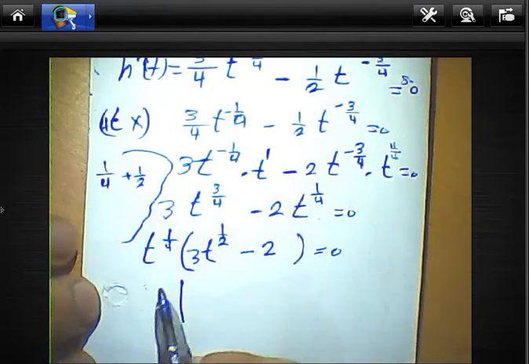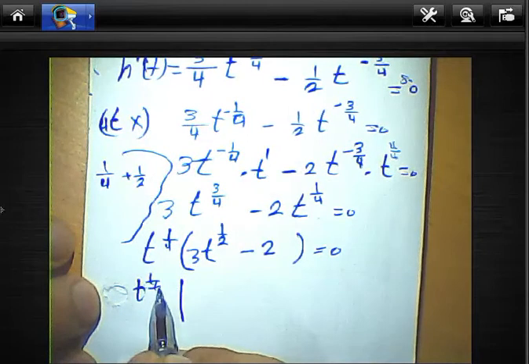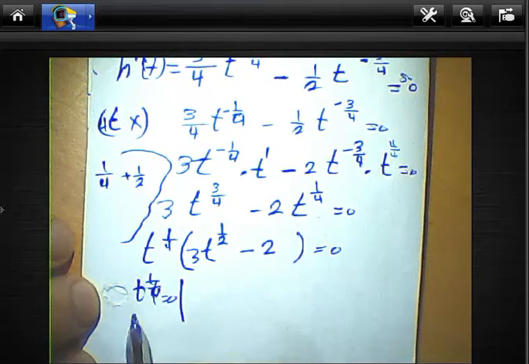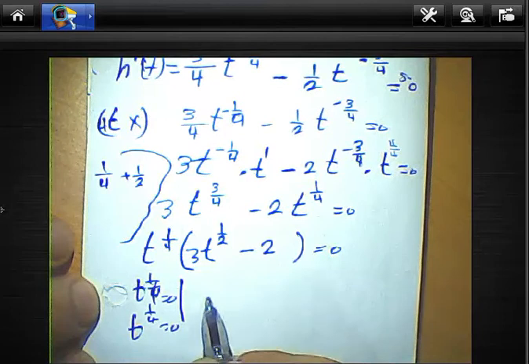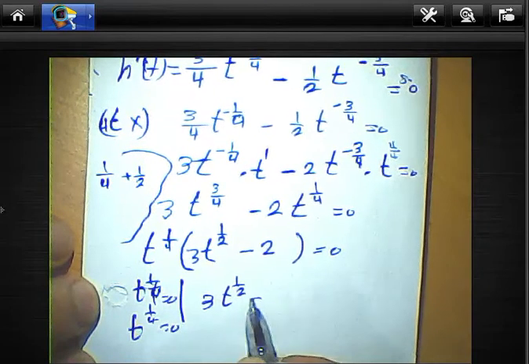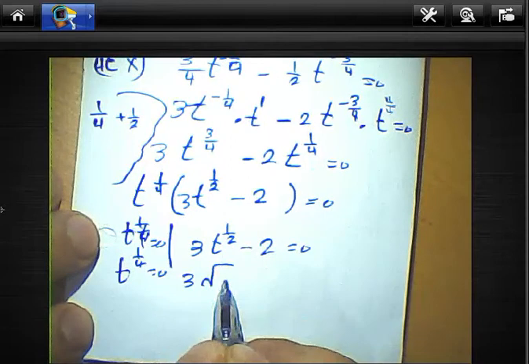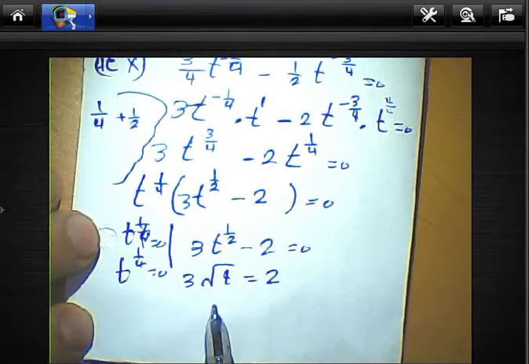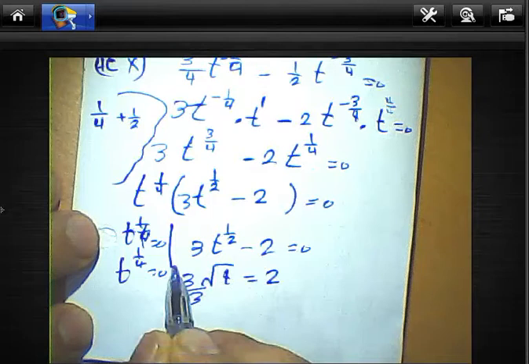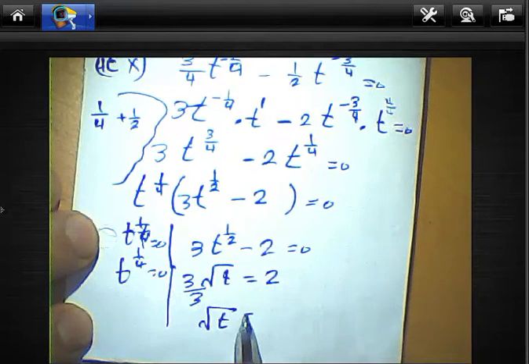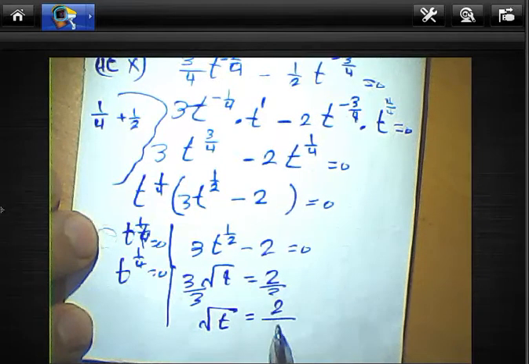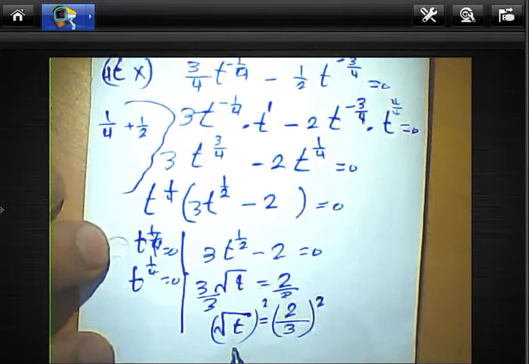So we have t power 4 equals 0, or 3 t power half subtract 2 equals 0. The square root of t equals, we can divide by 3 here, so root of t equals 2 over 3. And we can square the left hand side and right hand side.